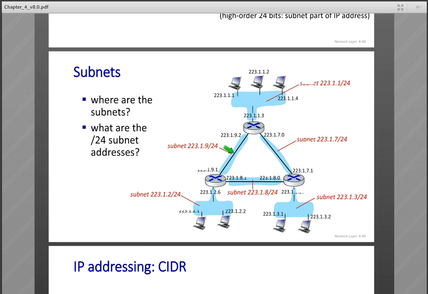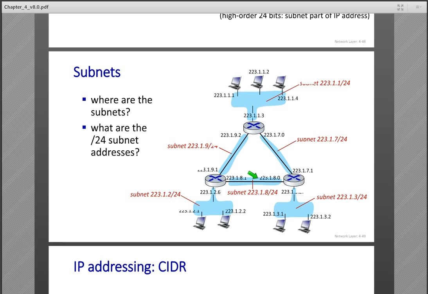We can call each of them a separate network. So in this picture, you can see 6 different networks: 3 networks on the top and bottom of this picture, and 3 networks just for the links between those networks.